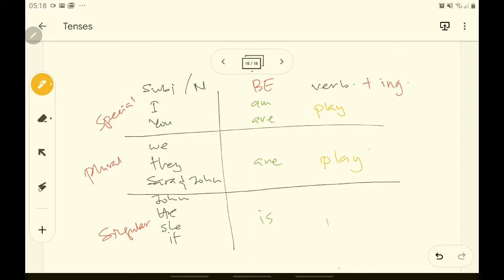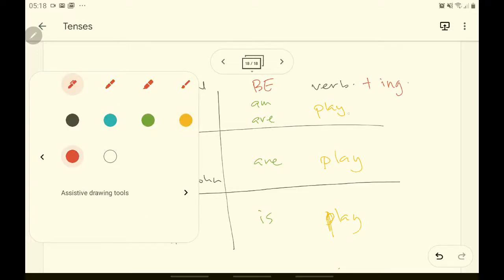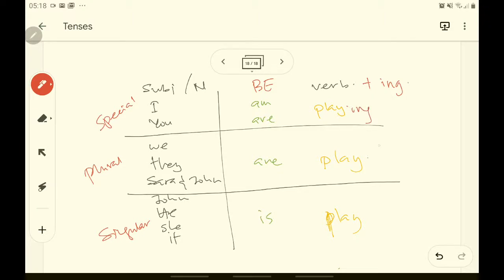I am play. It doesn't sound well. It sounds weird, right? So just plus ing there. I am playing. You are playing. He is playing. They are playing. So this is the rule.